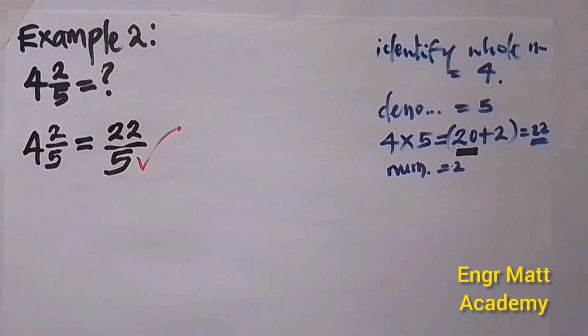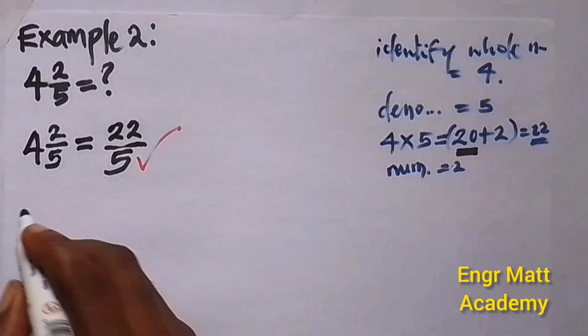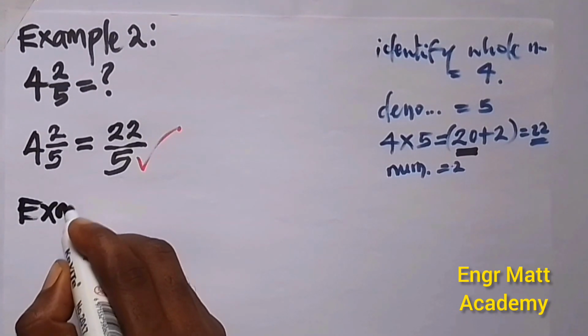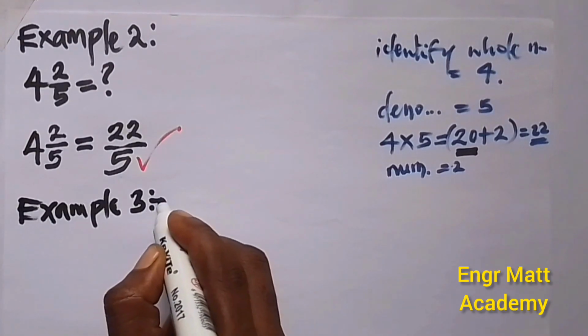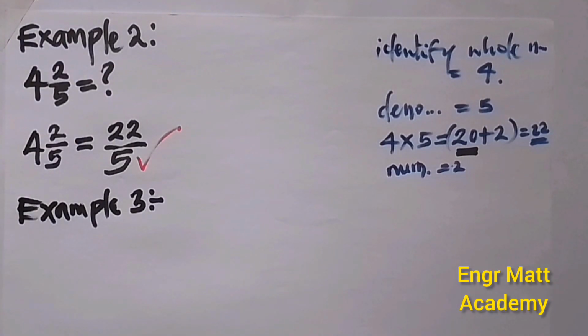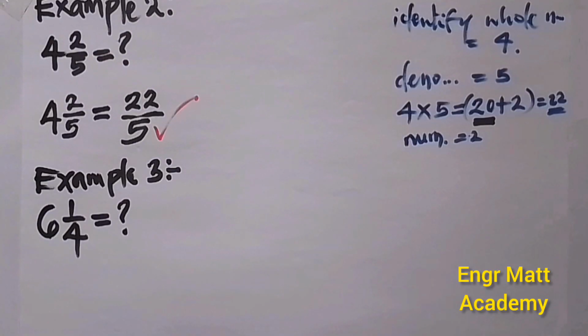Quite easily done, right? Now, you go ahead and do this. Pause the video, do example 3, and show me what you've got in the comment section. Okay, assuming you've done yours, let's work this out together.